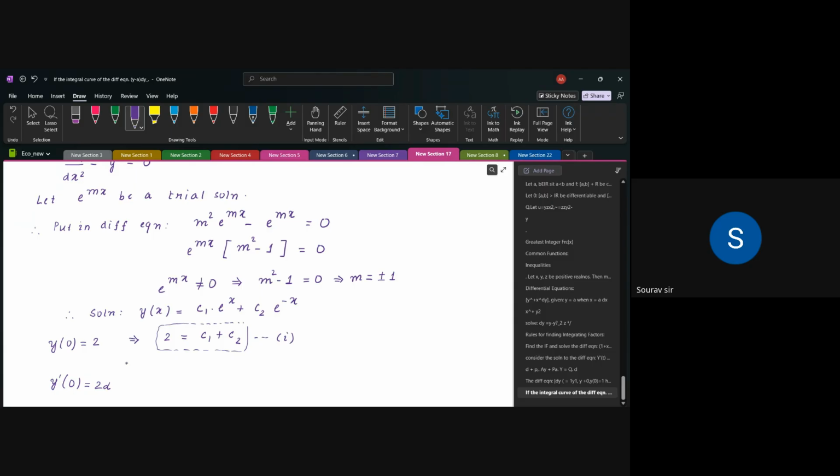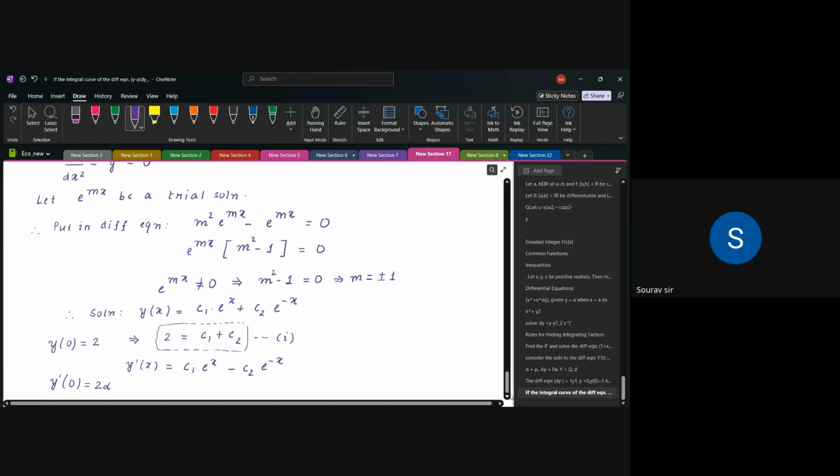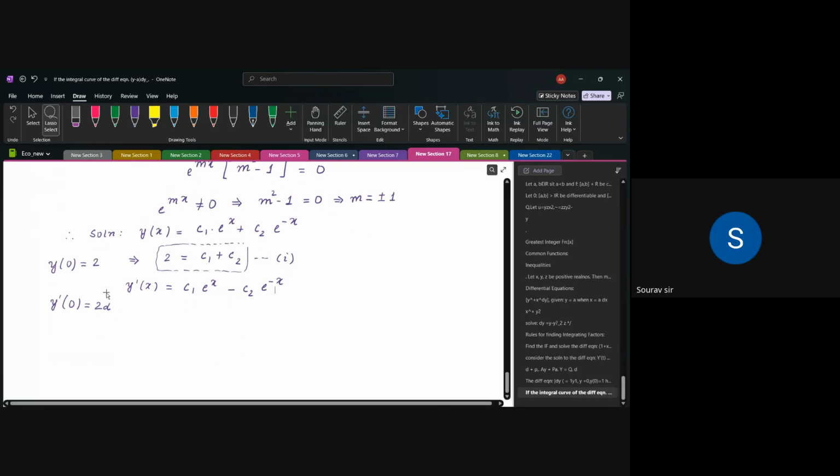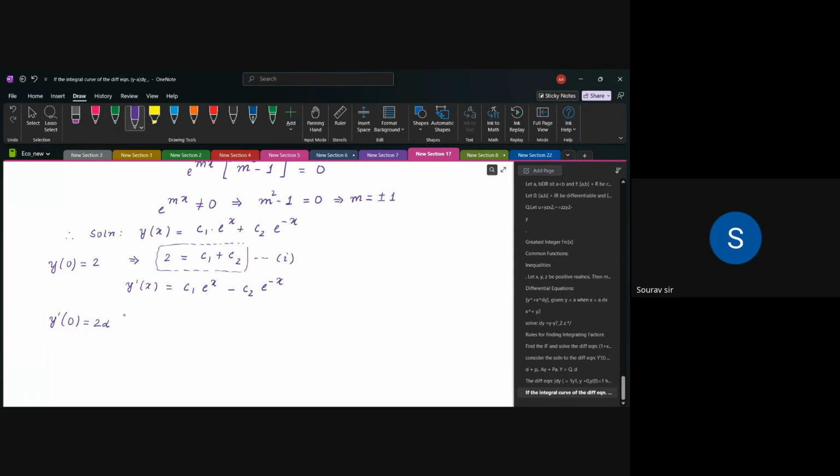So what is y dash of x? It is c1 e to the power x minus c2 e to the power minus x, right? That is your y dash function. So if I put y dash of 0 equals 2 alpha, that means 2 alpha is equal to c1 minus c2, right? So using these two equations, we need to solve for c1 and c2.